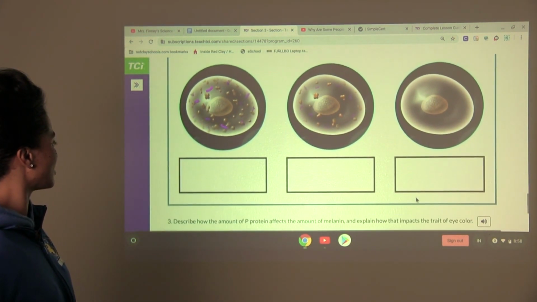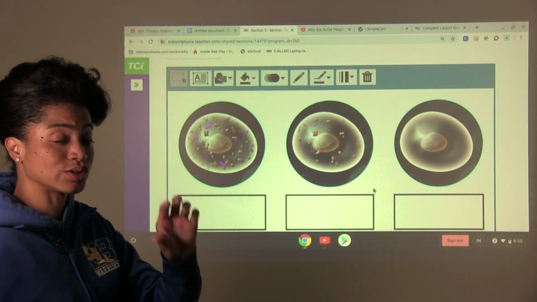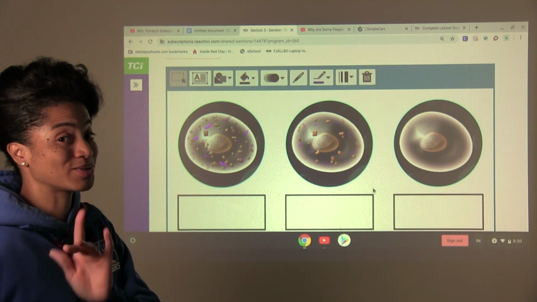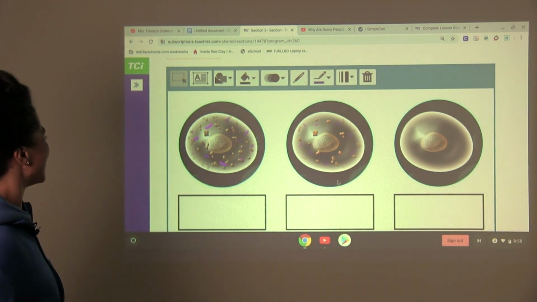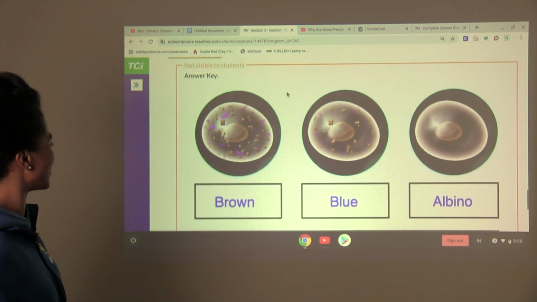Here we go. You should be able to identify where there's functional pea protein and where there is non-functional pea protein. Let me show you your answer.